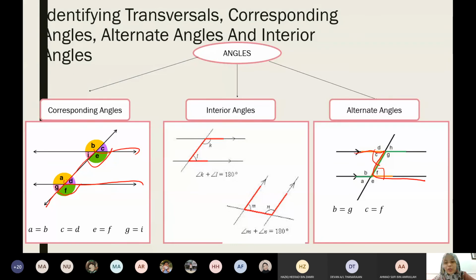Okay, so alternate angles pun sama juga. Angles at these corners C and F must be the same. Okay, hanya angles at interior angle saja yang tak sama. So kita katakan kat sini dua angles ni. Ini adalah L, this is K. Angle L dengan K tak sama. Tapi bila kita tambahkan dia mesti 180.